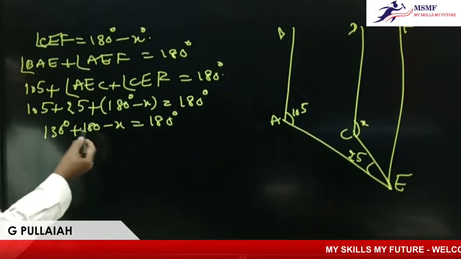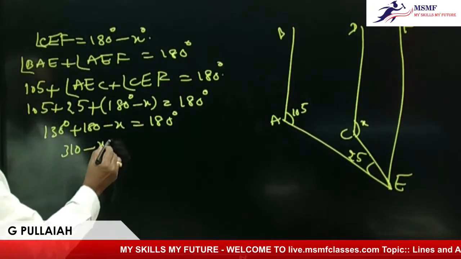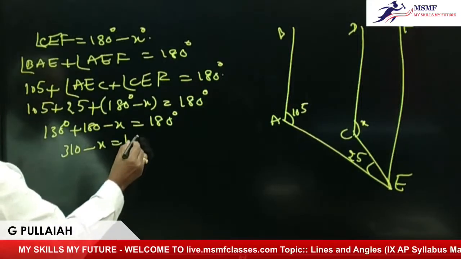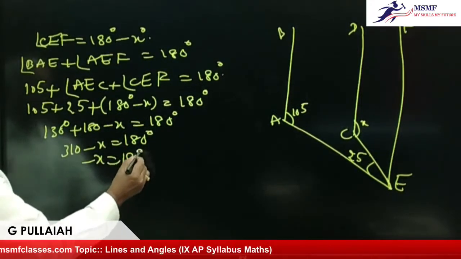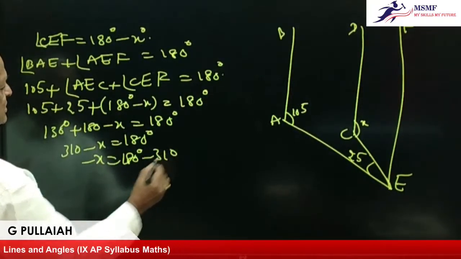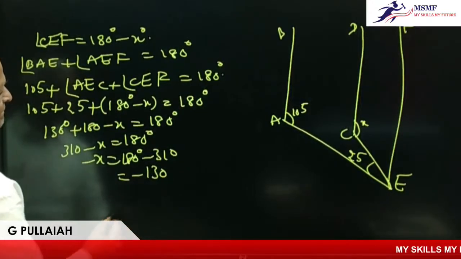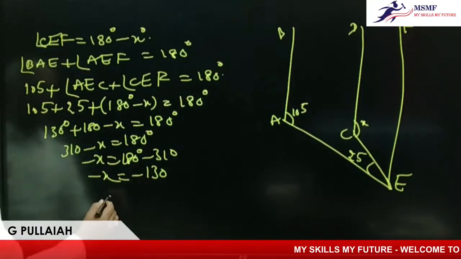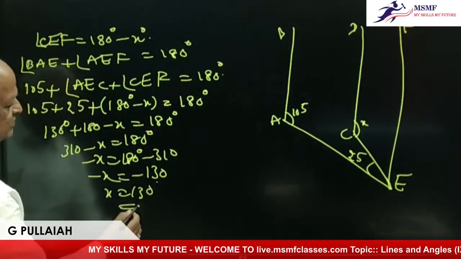So now we can consider this as 310 minus X is equal to 180 degrees. So minus X is equal to 180 minus 310, that is equal to minus 130. Okay. So minus X is equal to minus 130 and X is equal to 130.